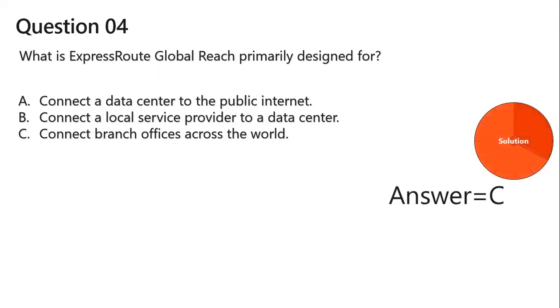Correct. So for this question, the answer is going to be C. We use ExpressRoute Global Reach for connecting branch offices across the world. That's okay. Thank you for the quick answers in here.